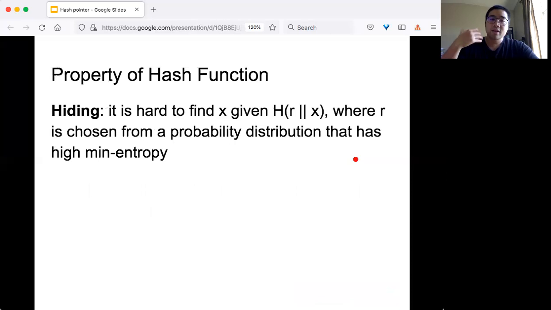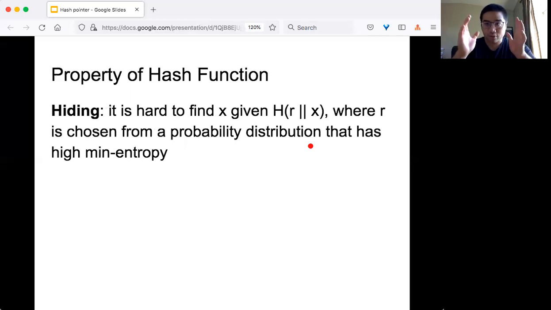And the next nice property that a hash function should provide is called hiding. Formally, it is hard to find some message x, given h(r || x). Here || is the concatenation operator, where r is chosen from a probability distribution that has high min-entropy.